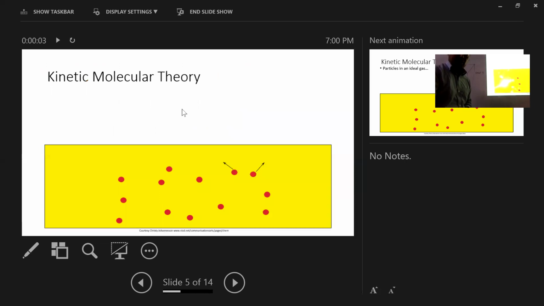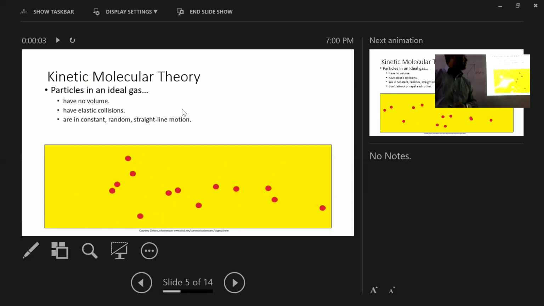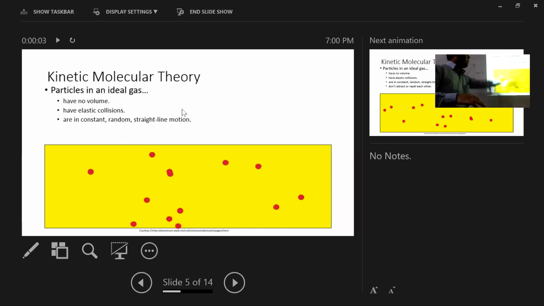In the next slide I will show you how the particles are moving randomly. Random means there is no fixed direction, just up, down, front, back, anyway.